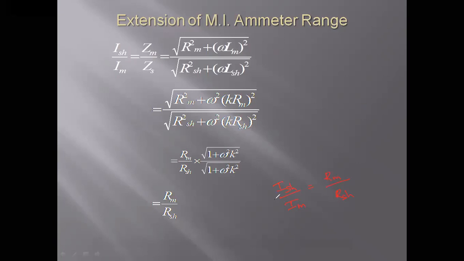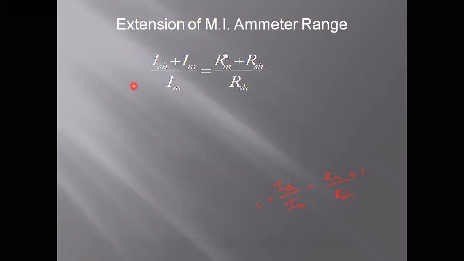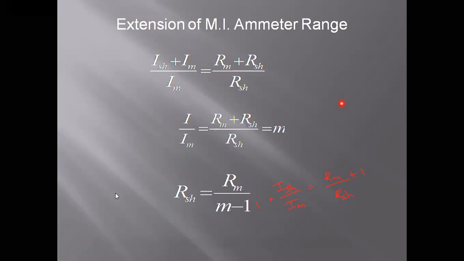If you add 1 to both the sides, we get this. Again, we got RSH is equal to Rm by m minus 1.